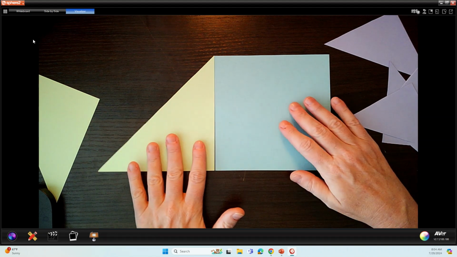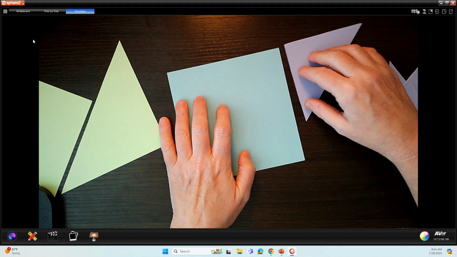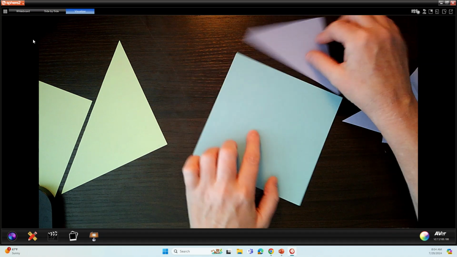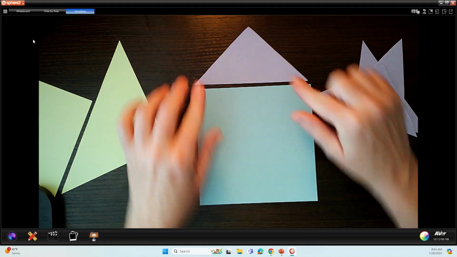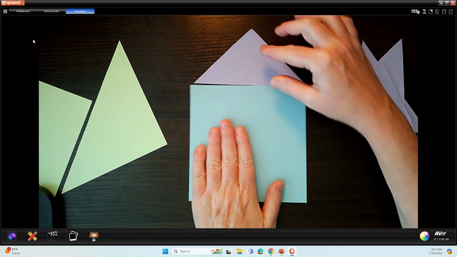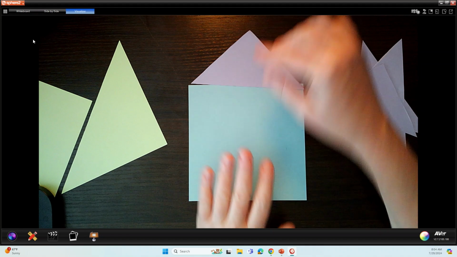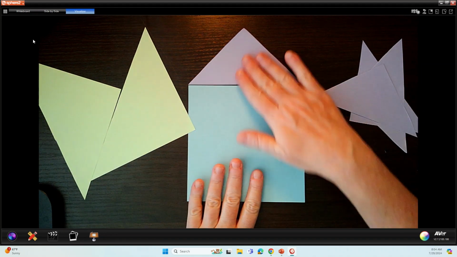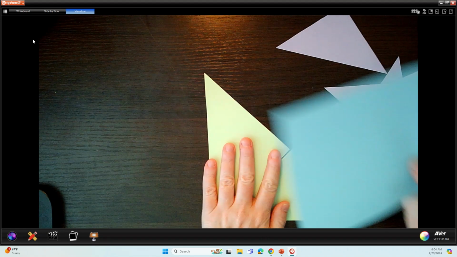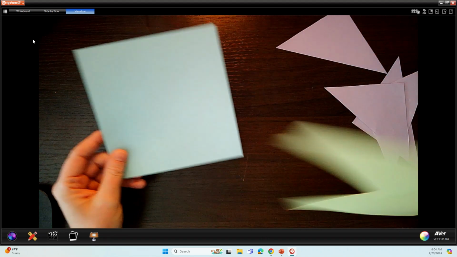Now, I can take this and I can move these around and I can be a little creative. Look, if I take one of the purples, I can see that I have a square and then 1/4 of that square right there on top. Okay? So again, throughout this unit, we're going to have some fun playing around with squares and rectangles and triangles.